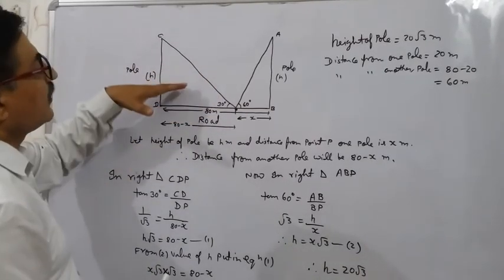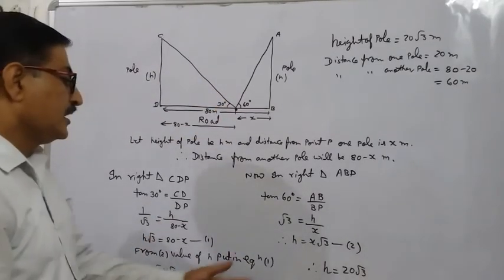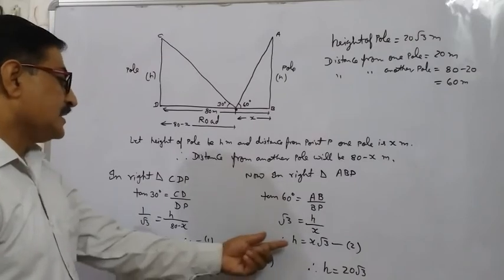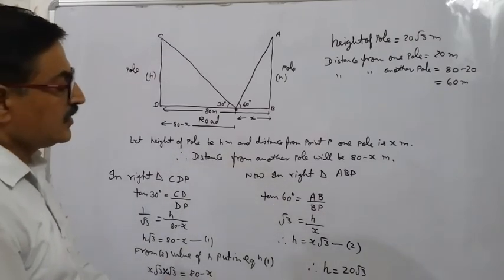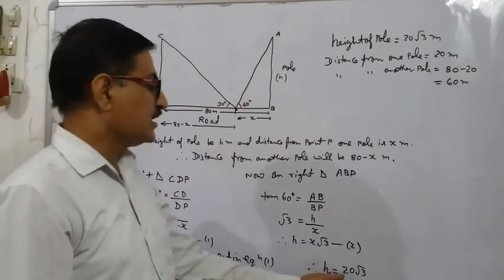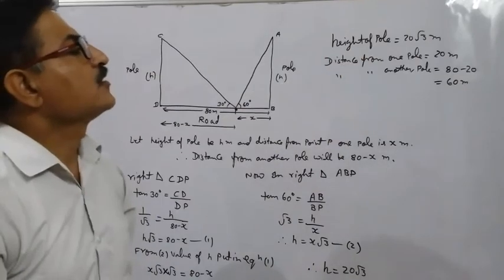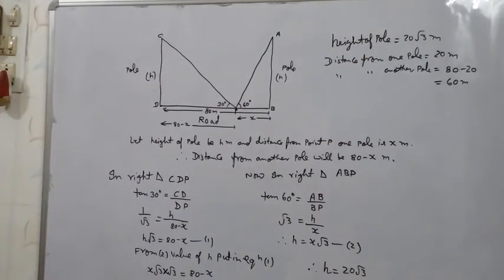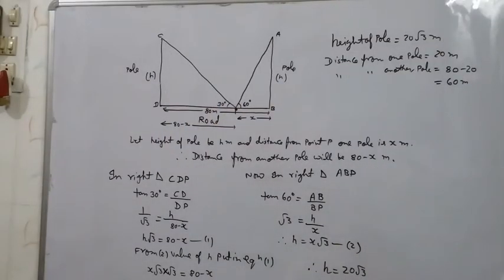From one triangle we took the value of h and put it in the other, and got x as 20 meter, and h equal to x root 3, therefore 20 root 3. So the height of the pole is 20 root 3 meter, the distance from one pole is 20 meter, and from the other pole it is 80 minus 20, 60 meter. In this way we will solve this.